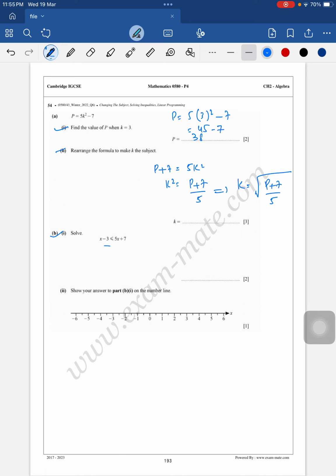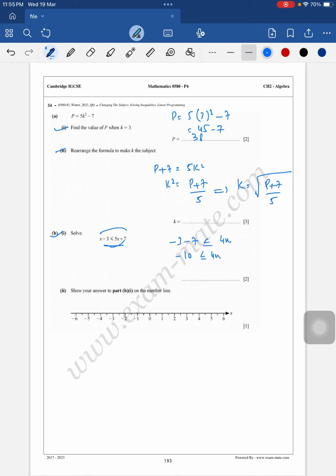Solve. We have an inequality over here, so I should move x over there, and 7 plus 7 comes over here, so minus 3 minus 7. 5x minus x is 4x, minus 3 minus 7 is minus 10.